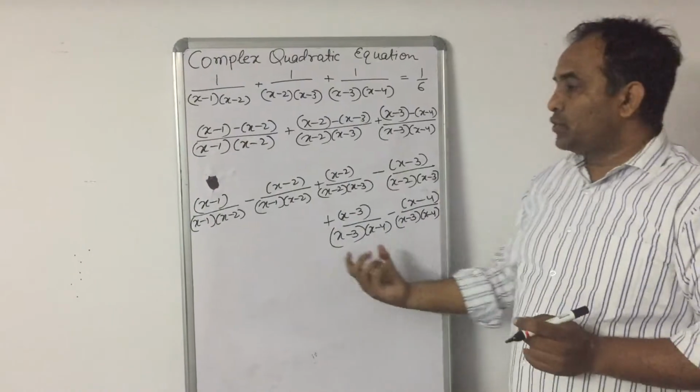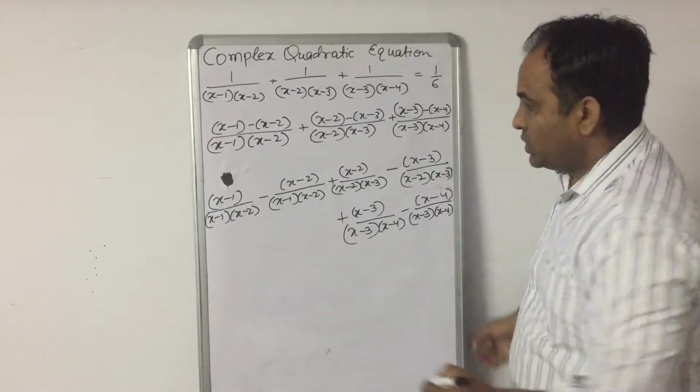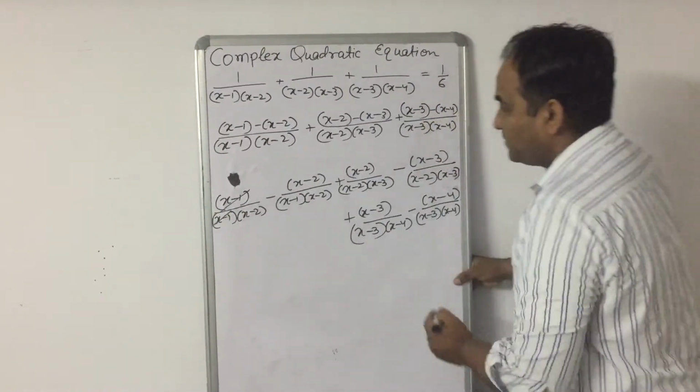Now this is the distributive property we used. That cancels out.